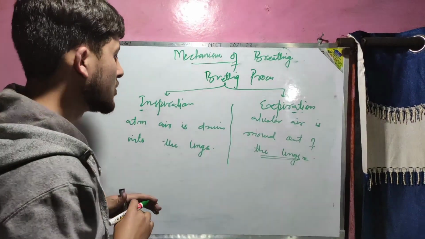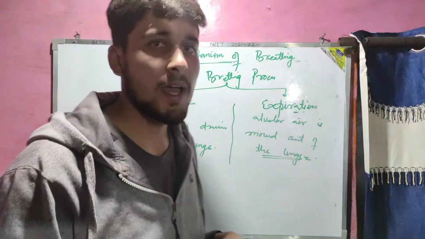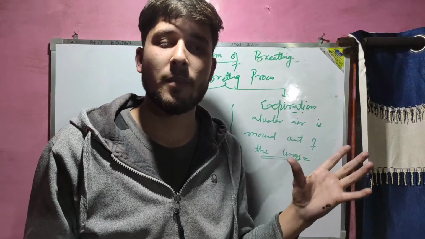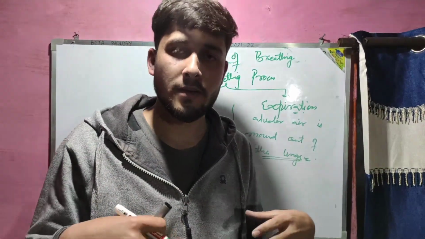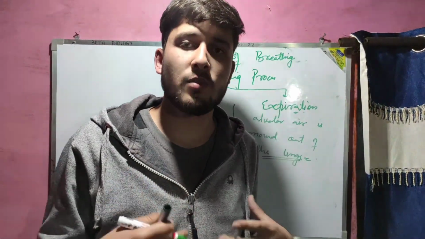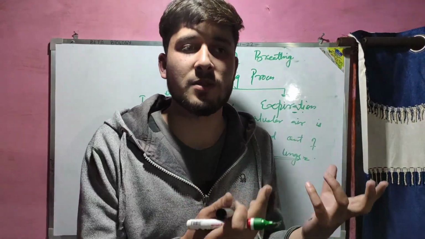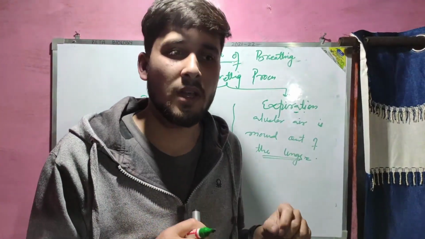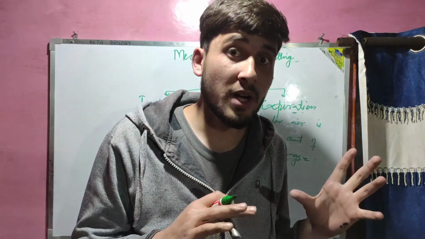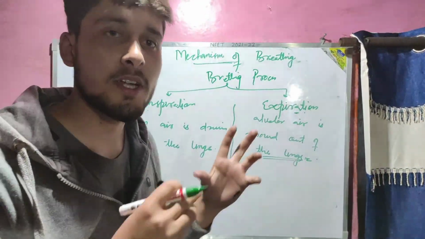These movements, the movement of air from the atmosphere into our lungs, and of alveolar air back into the atmosphere, are possible because of the pressure gradients that are generated in our body.